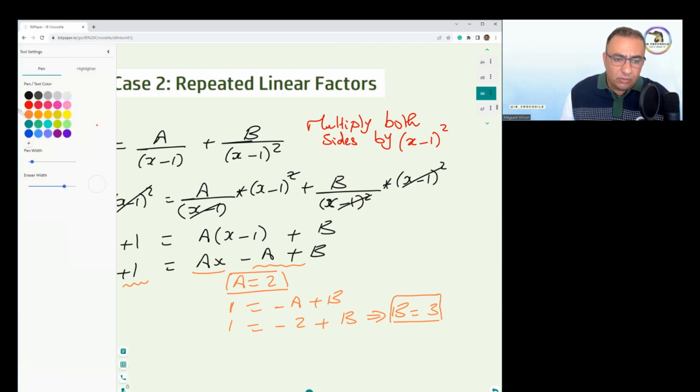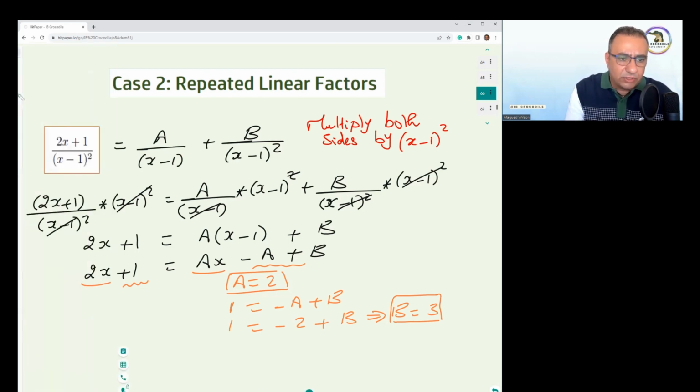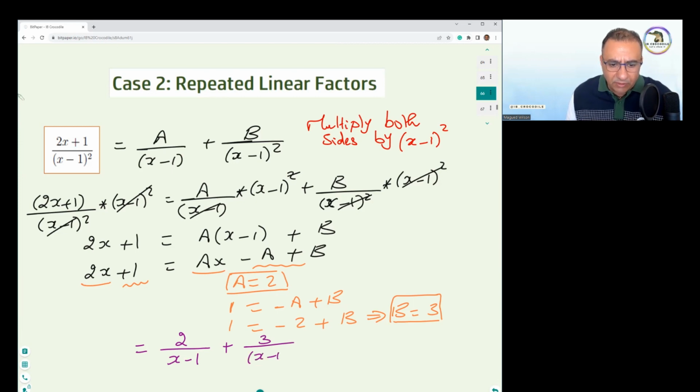Okay? So the final answer, or the final decomposition here, so this f of x here is going to be 2, A is 2, right? Divided by x minus 1, and then B is 3 over x minus 1 all to the power of 2. Okay?